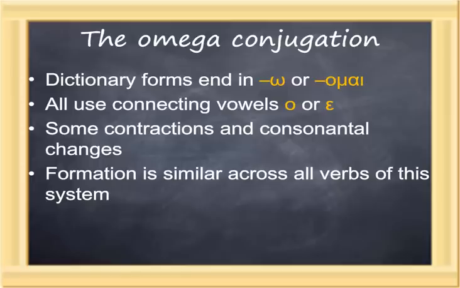Now, to be sure, there are some contractions and some consonantal changes as forms are done, but the patterns are fairly familiar, and the recurrence of these thematic vowels gives us the identification of this conjugation as the omega conjugation.